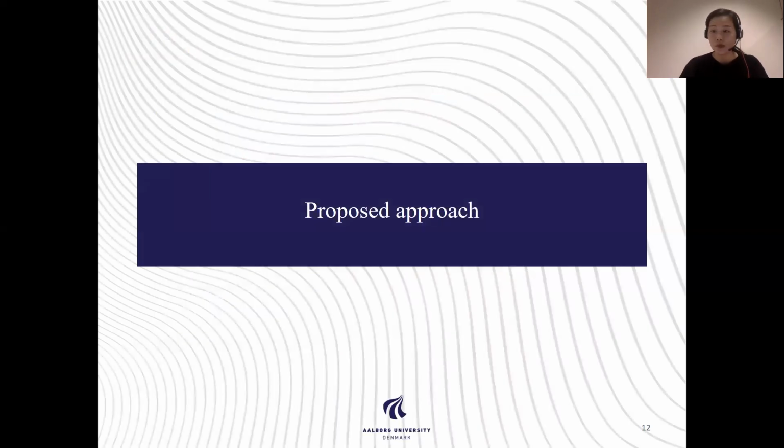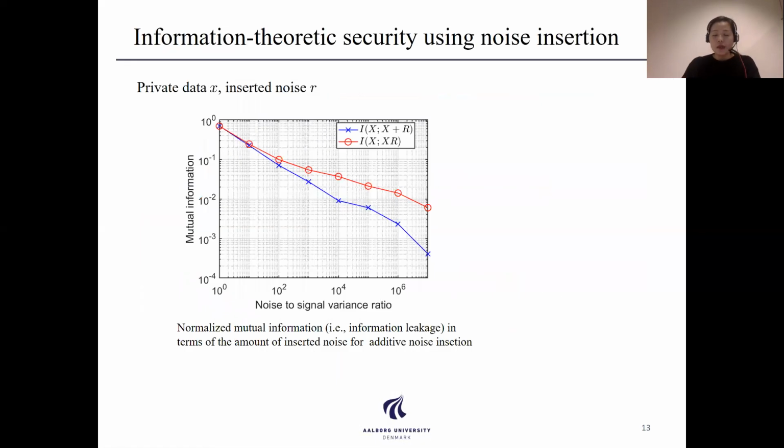Now let's go to the proposed approach. One fundamental thing I would like to introduce is using noise insertion to achieve privacy preservation. Let's say the private data is X and the noise is R, and here we can have both the additive term and the product term.